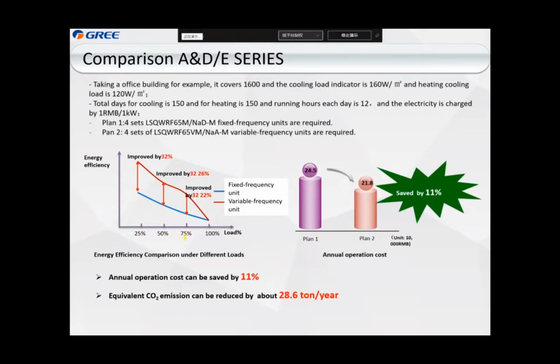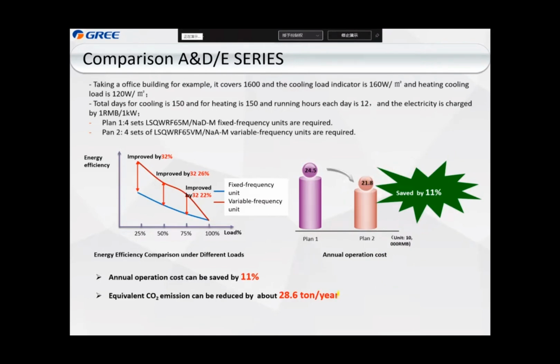At part load, it can increase by 32%. So from this data, we can draw the conclusion that with the inverter unit, we can save a lot of energy. This data is saved by 11%.